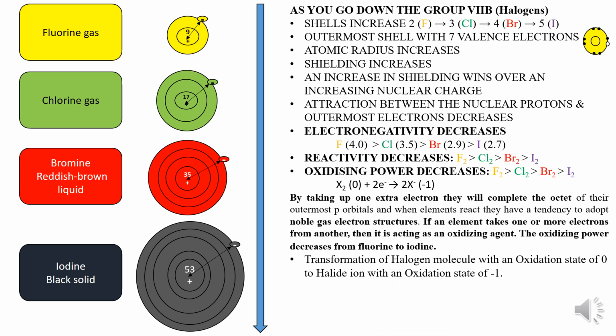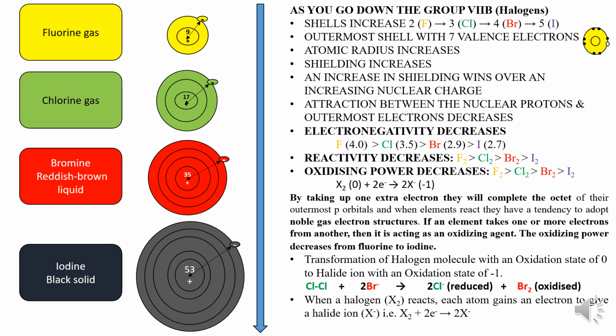The transformation of a halogen molecule with an oxidation state of 0 to a halide ion with an oxidation state of -1 is represented with the redox reaction between chlorine and bromide ion. During the reaction between chlorine and bromide ion, chlorine is getting reduced while the bromine is getting oxidized.